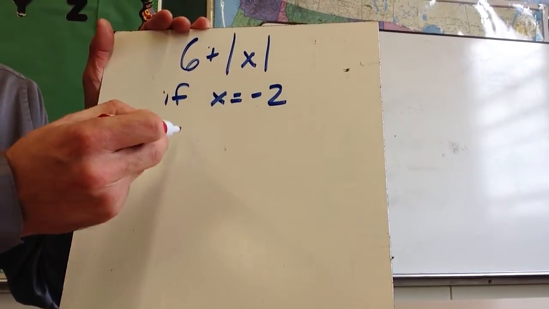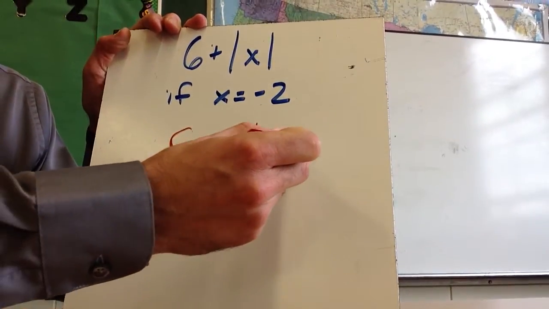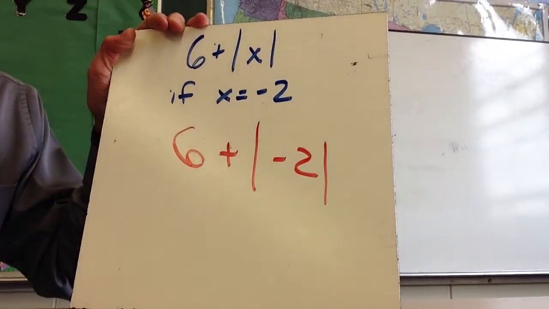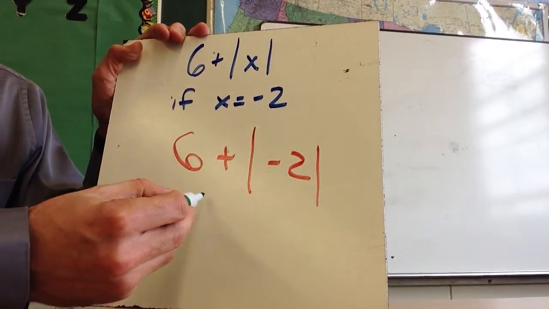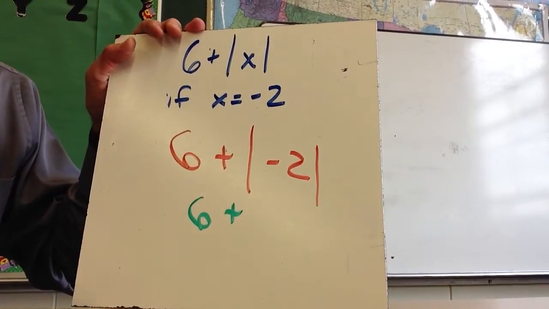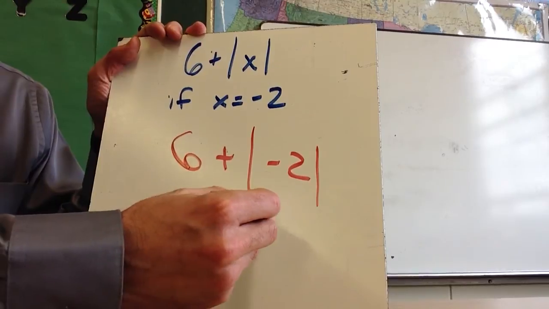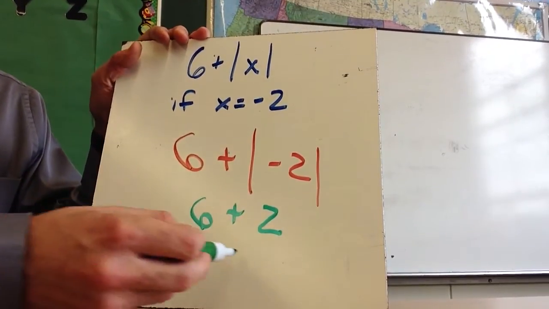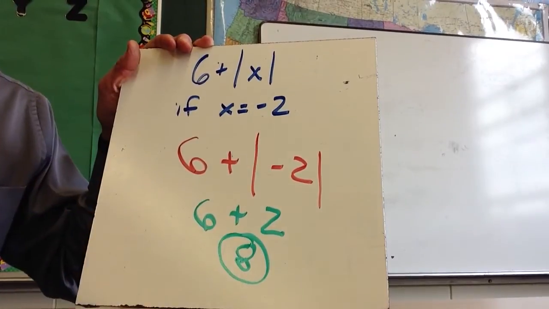So I need to rewrite this as 6 plus the absolute value of -2. I want to solve the absolute value of -2 first. So this becomes 6 plus, and then you have to think about how far away from 0 is -2, and -2 is 2 away from 0. So this becomes 6 plus 2, and so my final answer is 8.